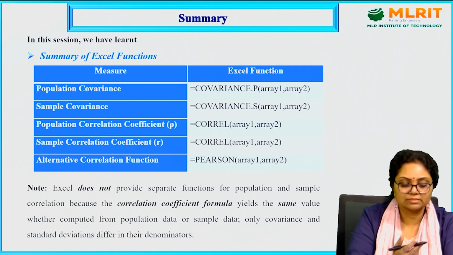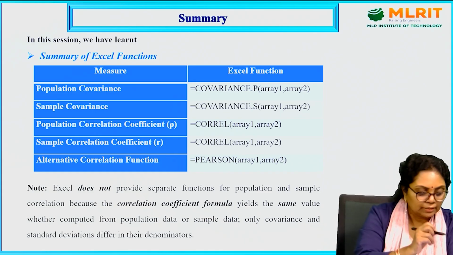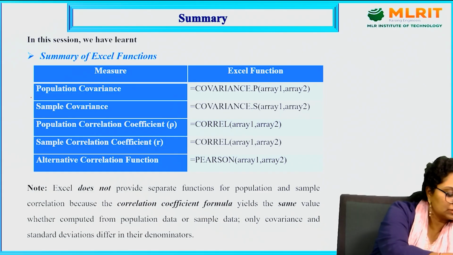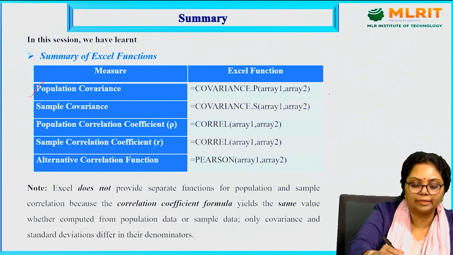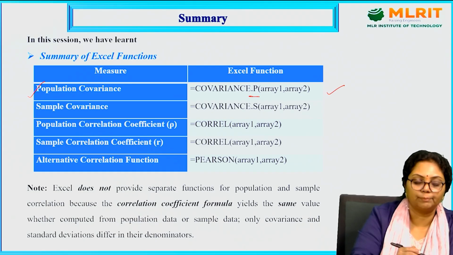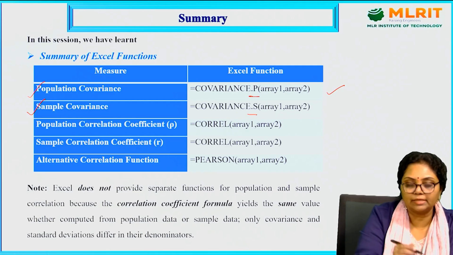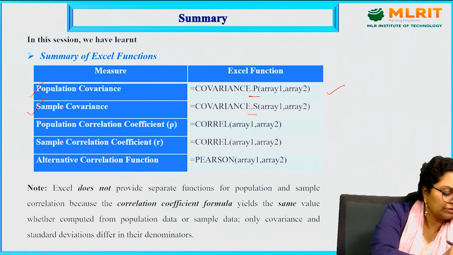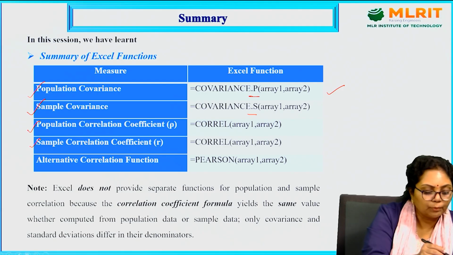Now, let us summarize what exactly we have seen, because in the next session we are going to make use of all these Excel functions. For population covariance, the formula is COVARIANCE.P(array1, array2). For sample covariance, we use COVARIANCE.S(array1, array2). Now, the population correlation quotient is represented as rho, whereas the sample correlation quotient is represented as r.